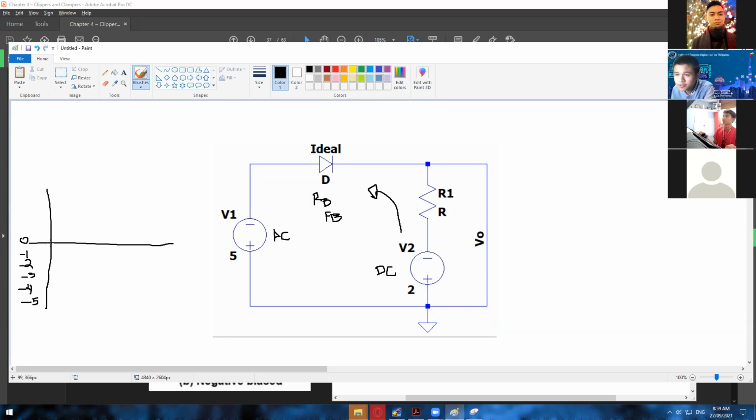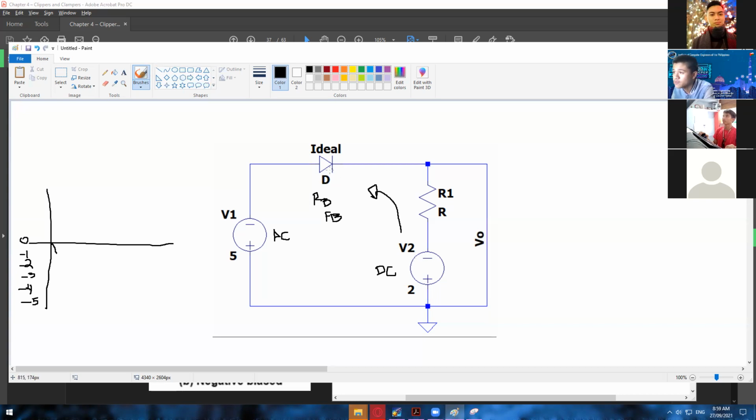During the -1 volt reading, there is already a current passing through this diode, which is this bias voltage.